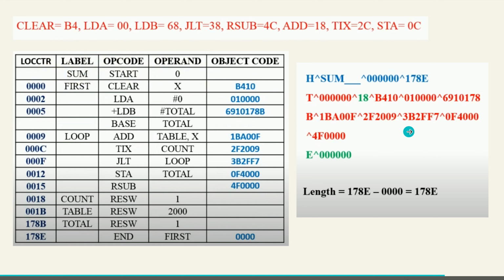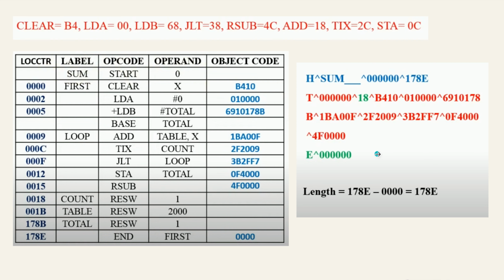B410, 10, then 0100, all that will be entered. Since there was no place over here, I have written over here. So this is a text record, and it occupies this much length of object code, 12 bytes.